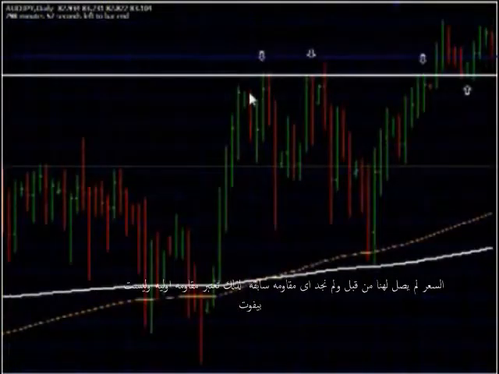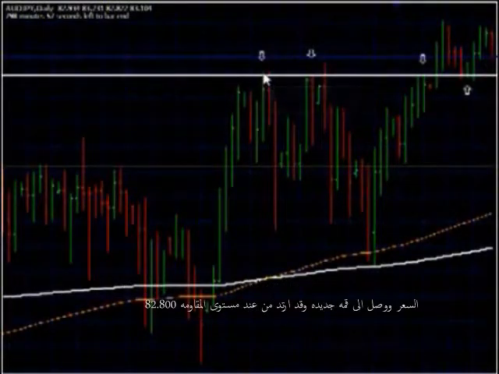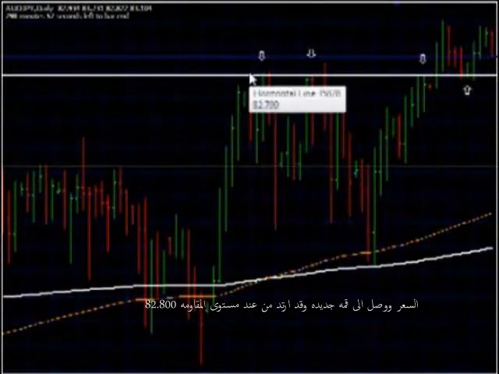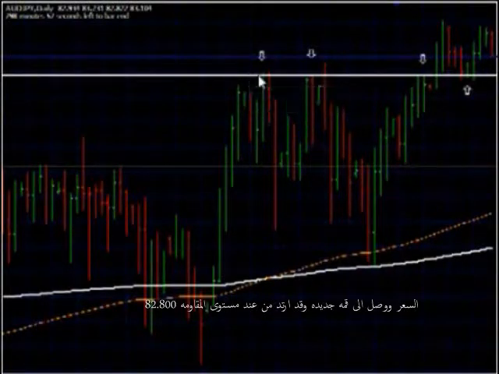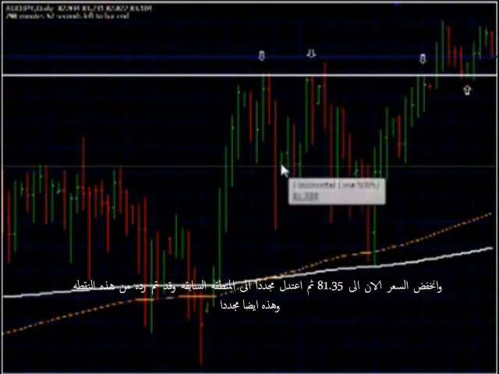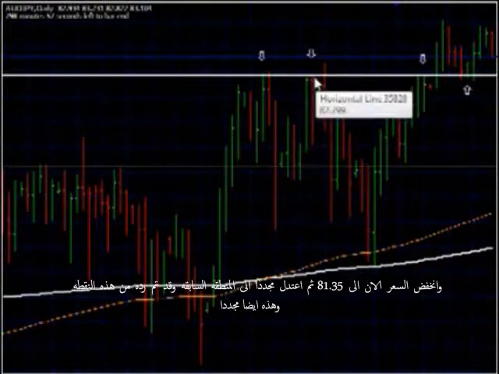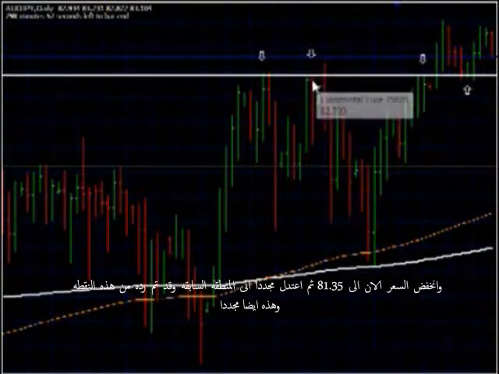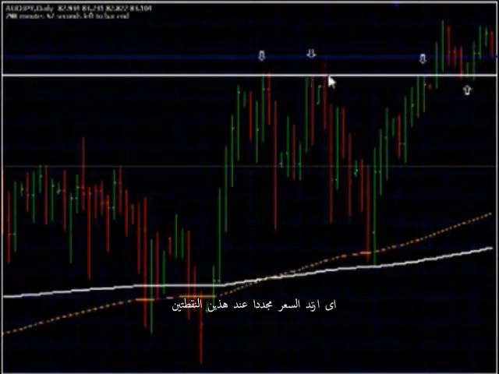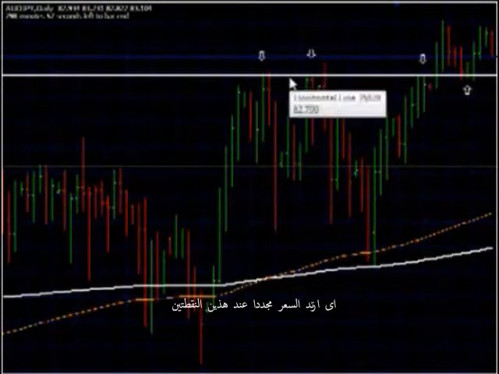Price reaches the new high, gets rejected by the 82.8 resistance level, drops back down to the 81.35, and goes back up. At this point price gets rejected again, once again at the 82.8 level.